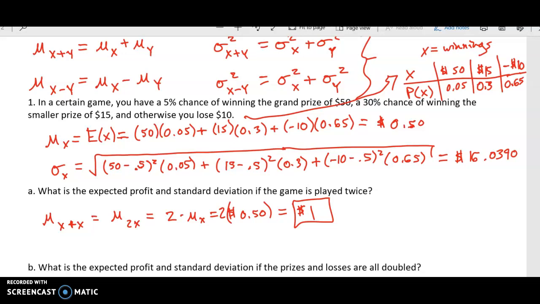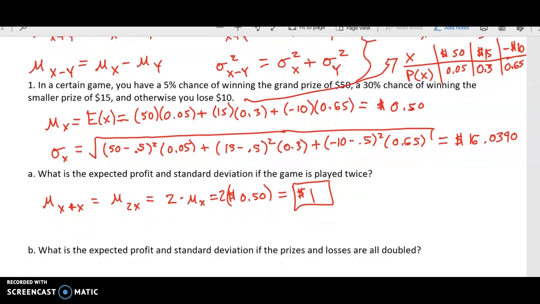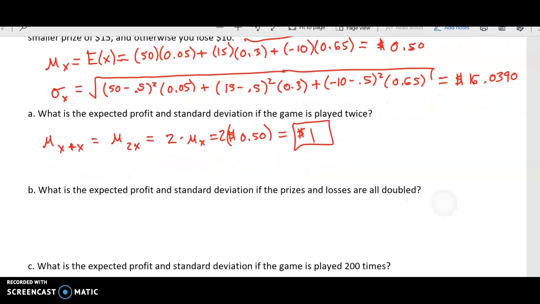You know what, I was thinking initially that we were losing 50 cents per play. That's not terrible. If we play twice, we've won $1, or we expect to have won $1.